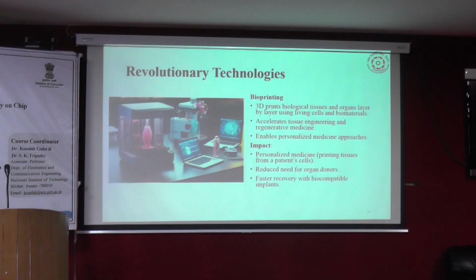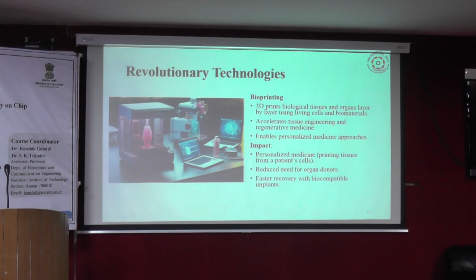So this is another revolutionary technology, bioprinting. It prints biological tissues and organs layer by layer, using living cells and biomaterials. So it is not like a normal printer. Our normal printer is different, but this 3D bioprinter is a totally different technology.